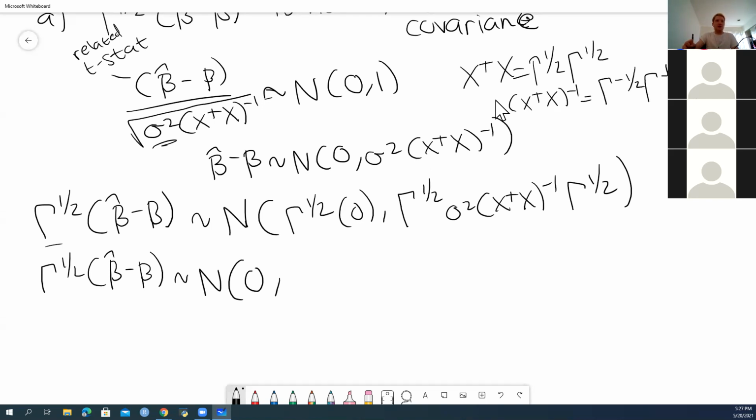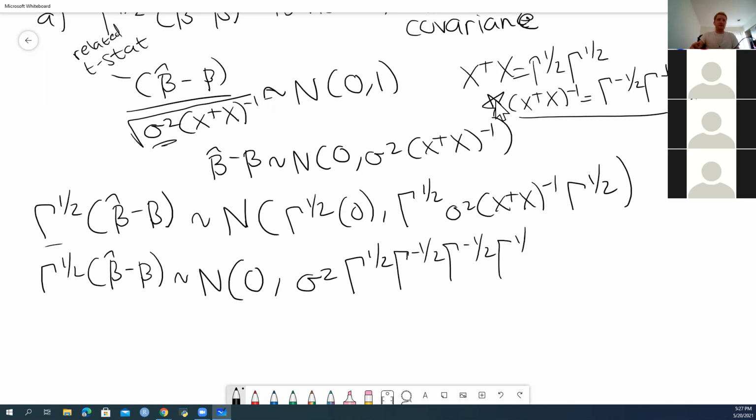He didn't really specify this, but it's something you can do, because the inverse is still symmetric. They are also the inverses of gamma 1/2, though this is not the case for all matrices. So this can be sigma squared gamma 1/2, gamma negative 1/2, gamma negative 1/2, gamma 1/2, and as you can see, this cancels out.